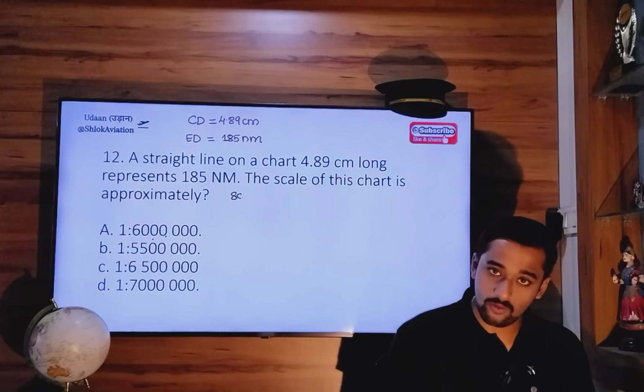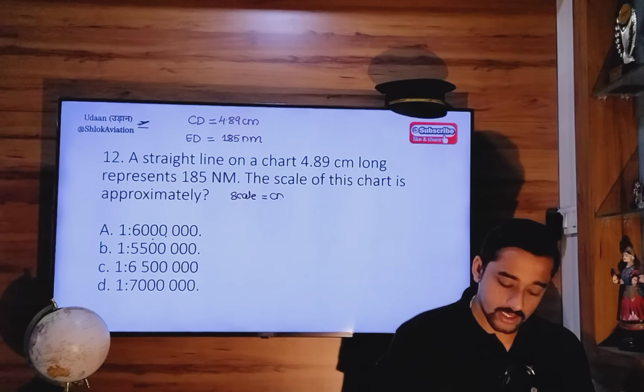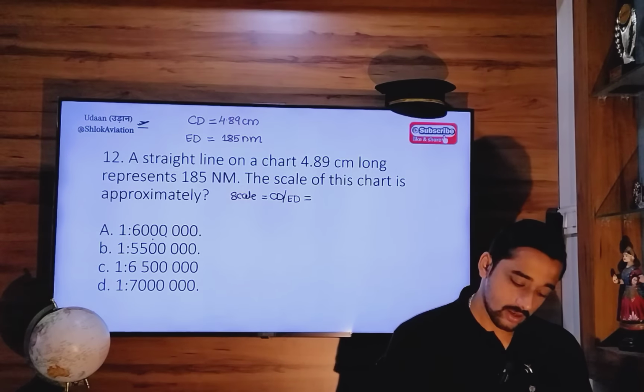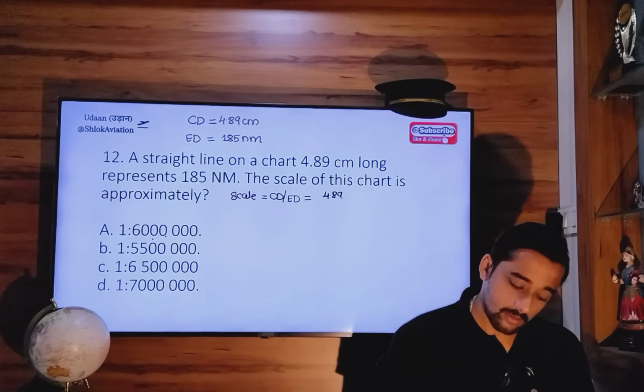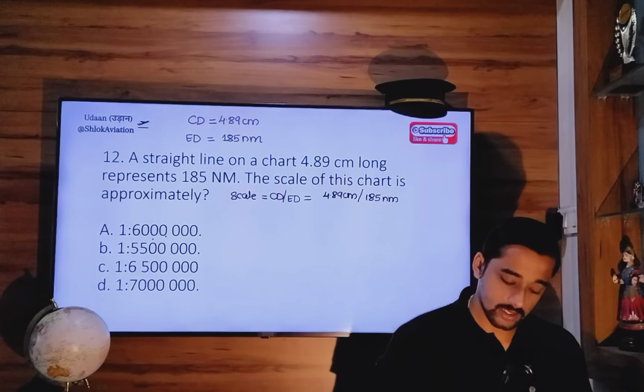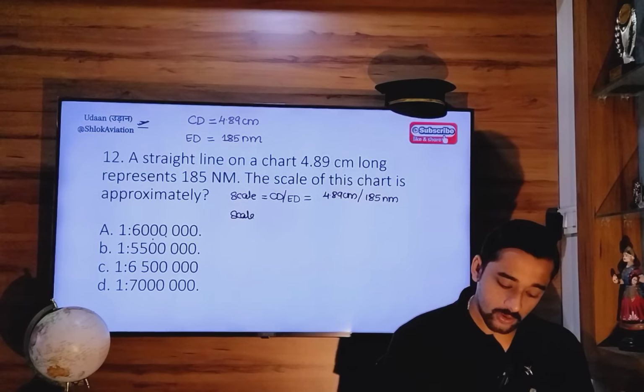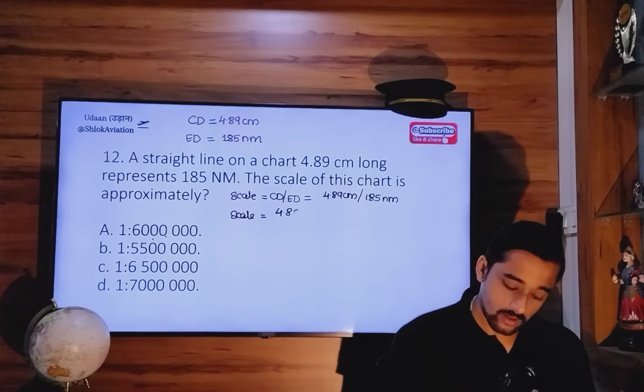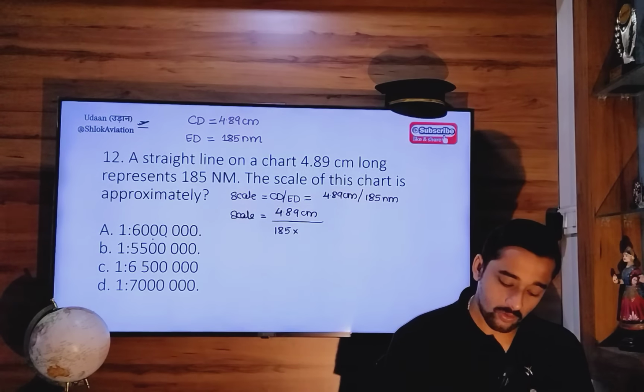So scale will be equal to chart distance upon earth distance, 4.89 centimeter divided by 185 nautical miles. The scale will be equal to 4.89 divided by 185 into 1852 into 100 centimeter.